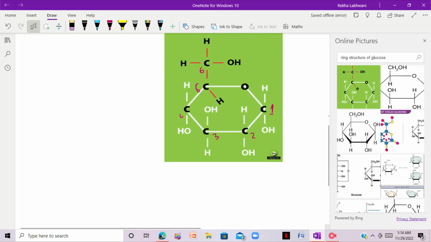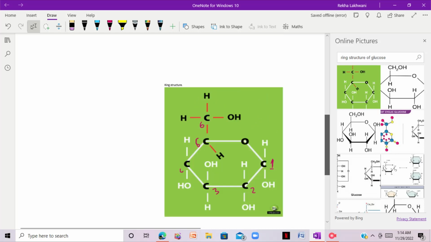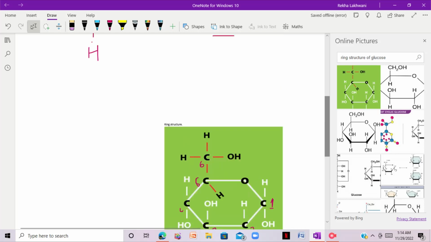Pyranose contains 5 carbons and 1 oxygen. That is known as pyranose.